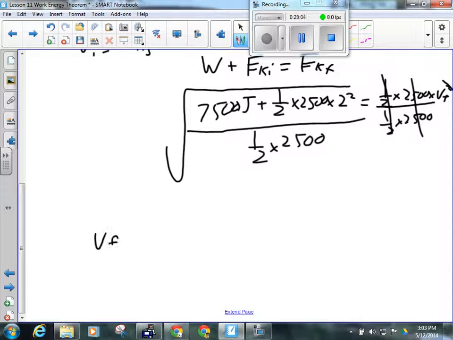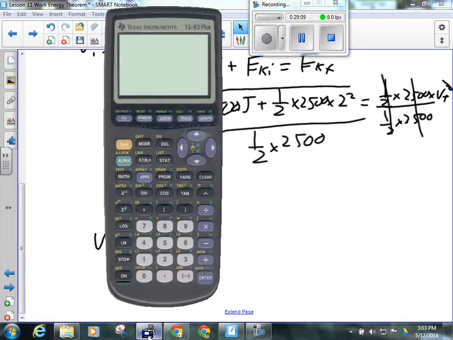So VF then is going to equal, well, we've already got it plugged in, so we'll just plug in the numbers here. 7,500 minus 0.5 times 2,500 times 4. That's the top, divided by 1/2 of 2,500. Should give me 2, right? And then I take the square root of that.